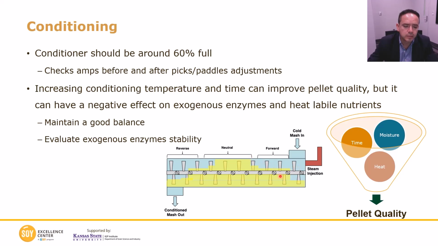So if the conditioner doesn't have a section that is full, then this steam is just going to go over the meal, and then it's going to cool down on the other side and start precipitating. And the issue with that is that you have the pellet mill below, so the pellet mill is going to be receiving feed with different moisture content, and that can affect the production rate and the efficiency of the pellet mill.